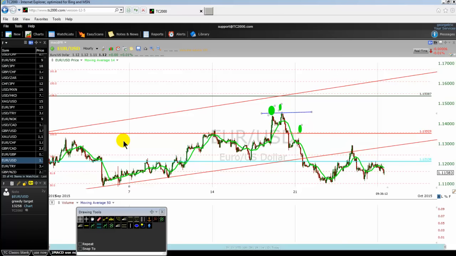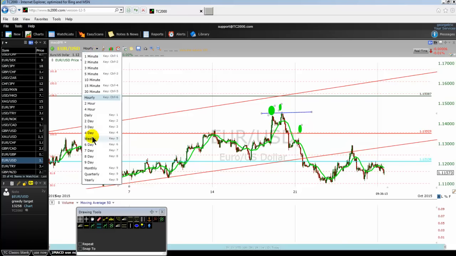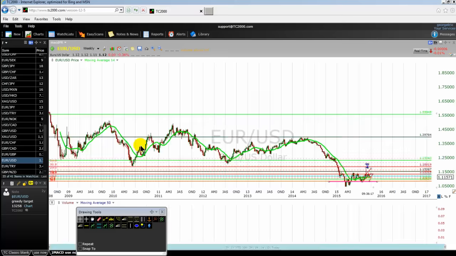We have three market patterns. Okay? I'm going to change my time frame and go back again to the weekly chart. And I want to draw a line on my chart. Okay? So, when we are trading, we use the market pattern on every time frame. If you are not doing that, I urge you to start doing that. On every time frame, ask what is the current market pattern.